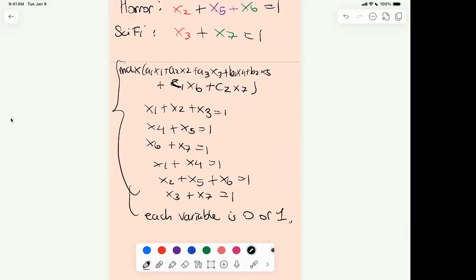You could also call this a binary problem, because the variables take binary values, or a logical problem, because you can interpret the values of these variables as: was the edge chosen, and that's a yes or no question.